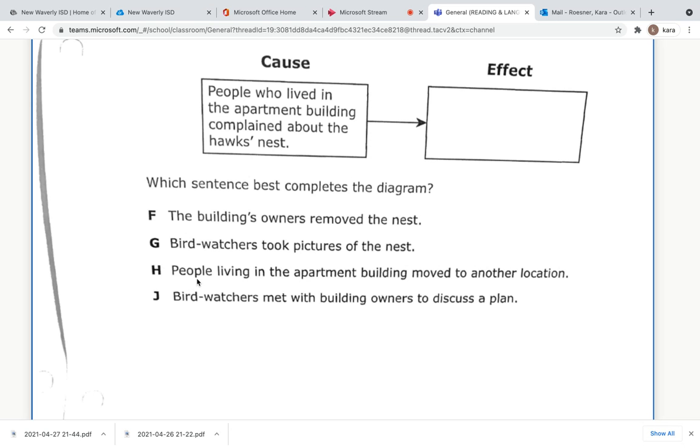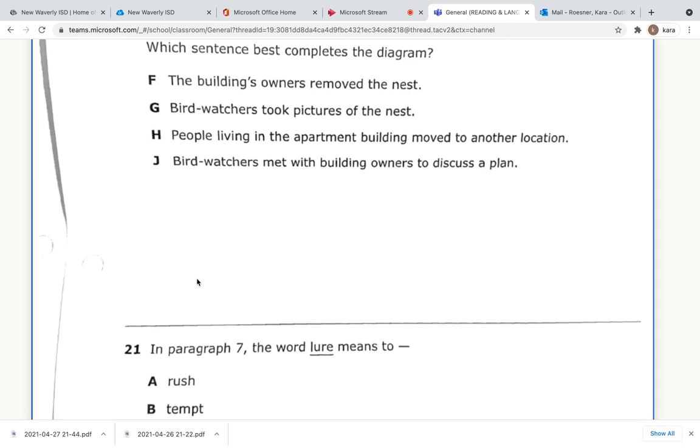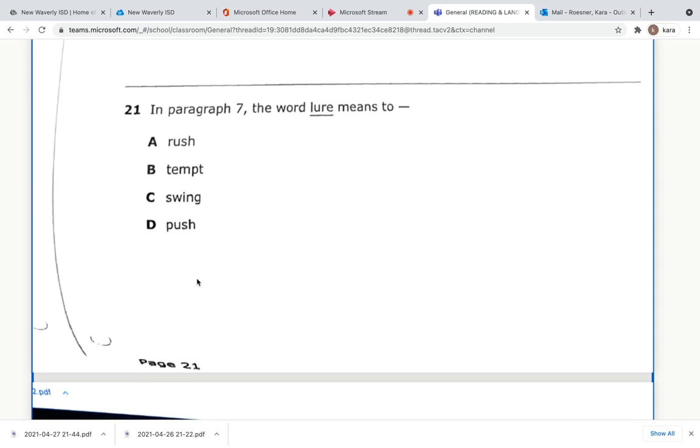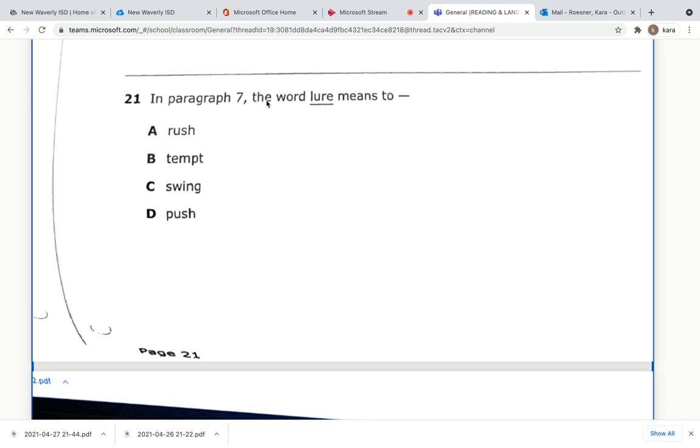H, people living in the apartment building moved to another location. Or J, bird watchers met with building owners to discuss a plan. 21. In paragraph 7, the word lure means to A, rush, B, tempt, C, swing, or D, push.